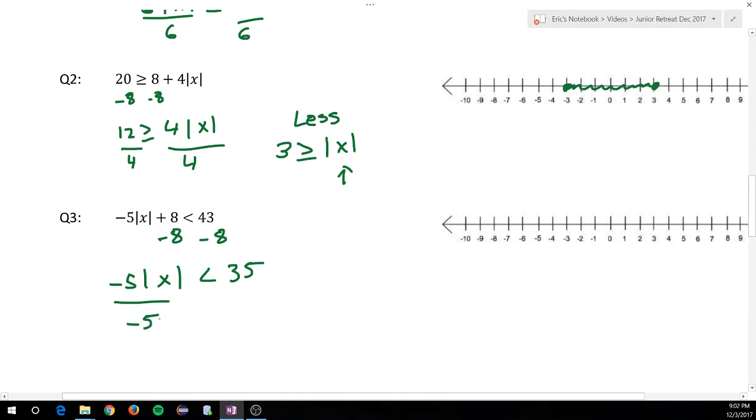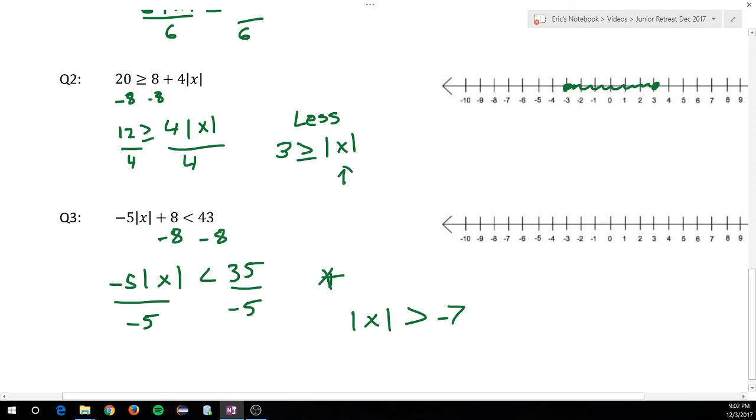Now I would divide both sides by negative 5. And this is the special exception. We are dividing by negative. So when I have the absolute value of x, the inequality turns around, and I have to be greater than negative 7 away from 0.